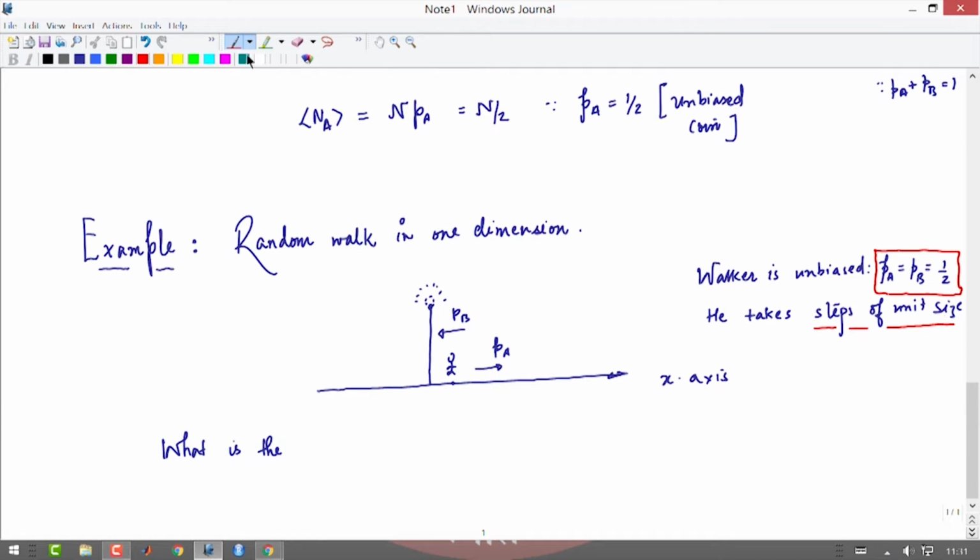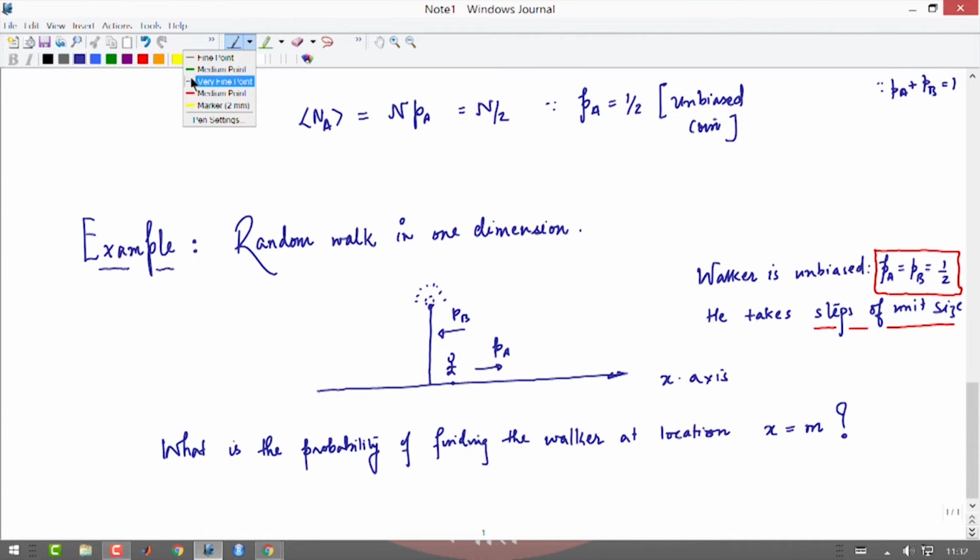Now, the question that I have raised here is, what is the probability of finding the walker at location x equals m?